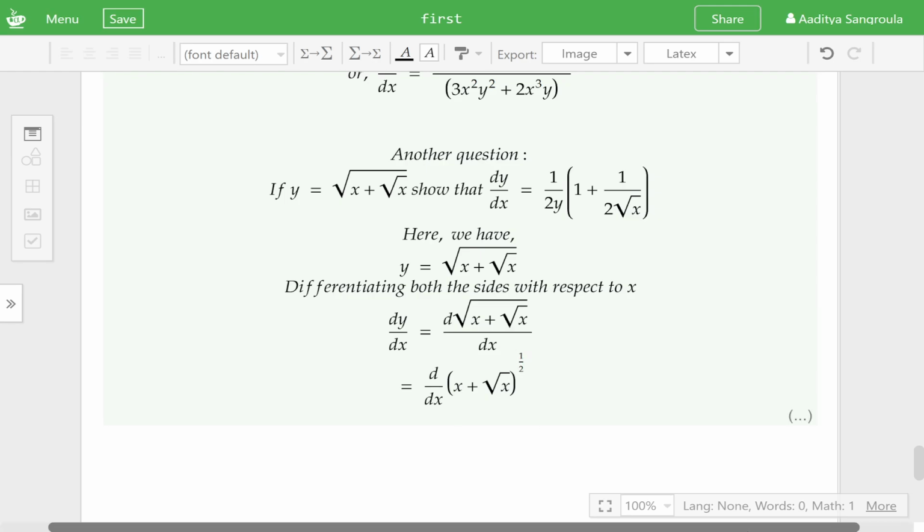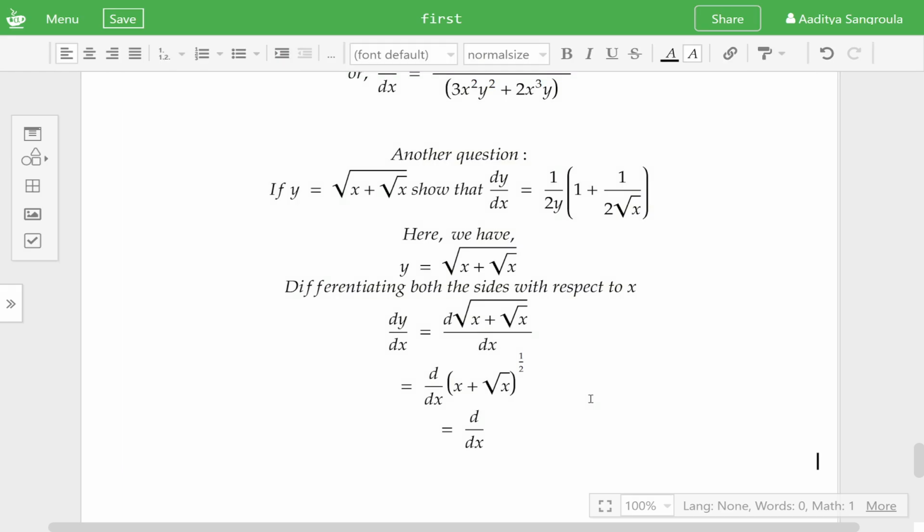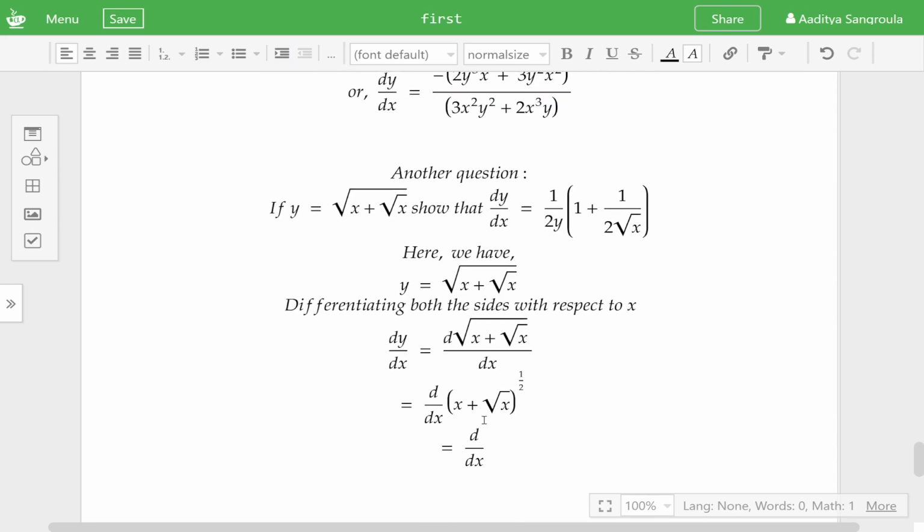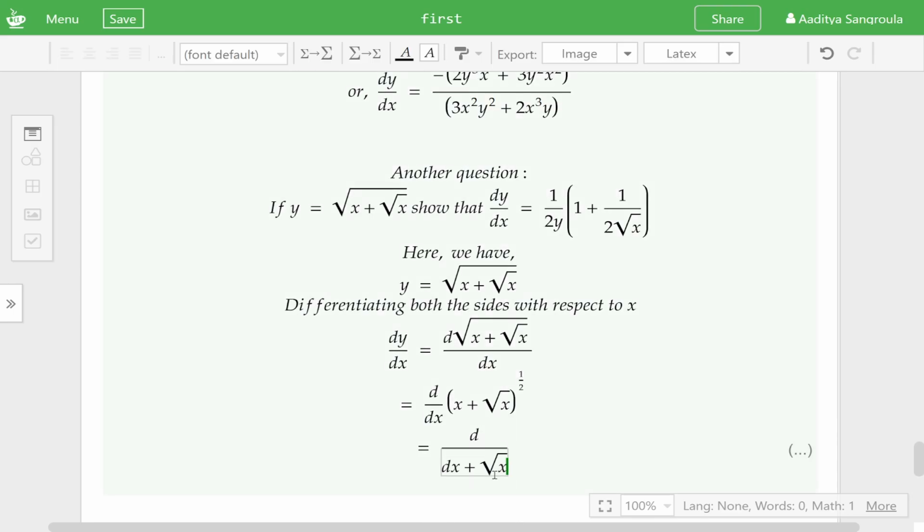The square root is the power 1/2. So now if I use the chain rule, I need to differentiate this function, so I need to have d over d of this. It's going to be a product, of course.